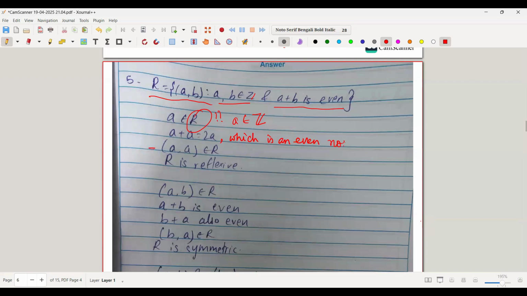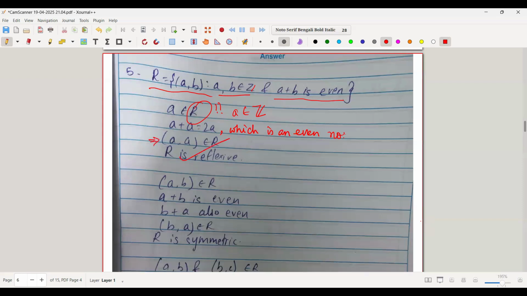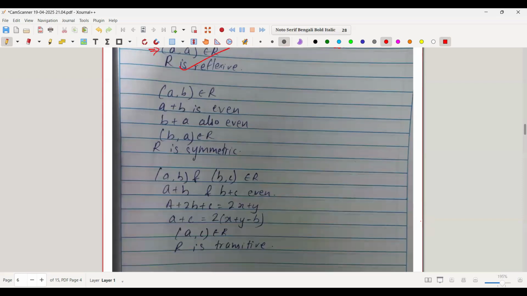That implies (a, a) belongs to R and R is reflexive. a plus b is even, so b plus a is also even. Now (b, a) belongs to R, so R is symmetric.